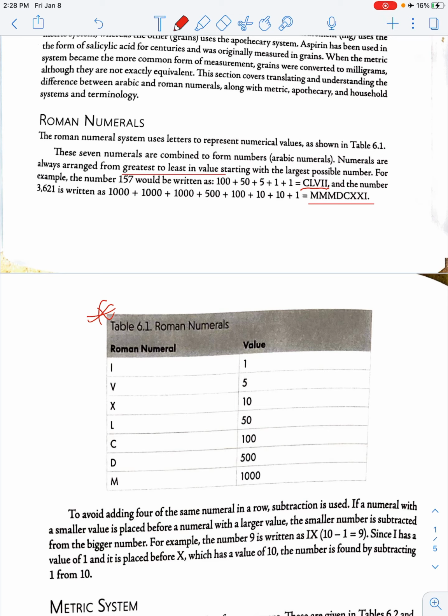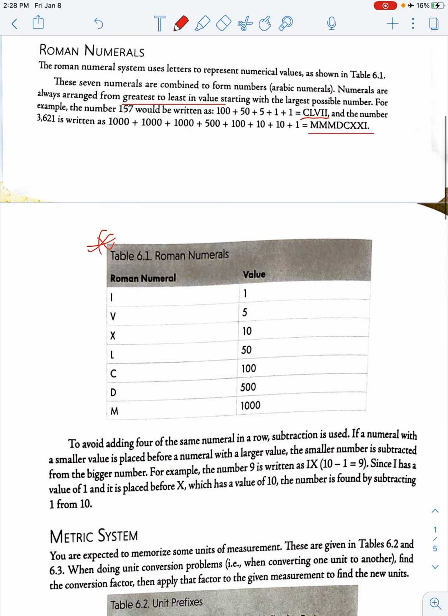It's the same way here with Roman numerals. Any number that we want to construct as a Roman numeral-based number, we have to use these 7 Roman numerals. So what are the 7 Roman numerals? Well, they're in a chart here. We have I, V, X, L, C, D, and M.